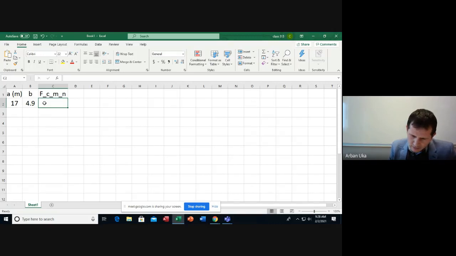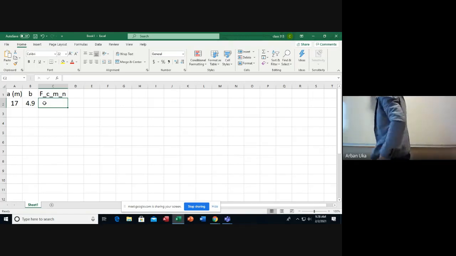Let's see. So the cutoff frequency, we have an expression of Fc as a function of m and n.